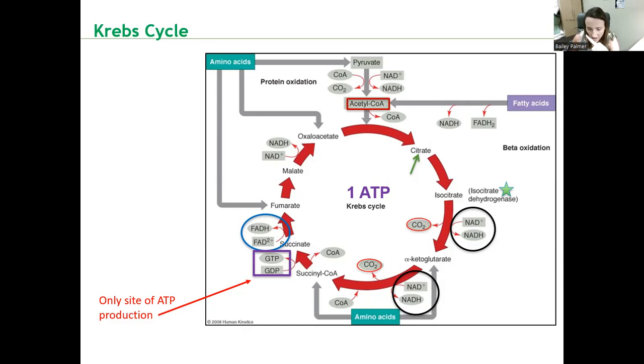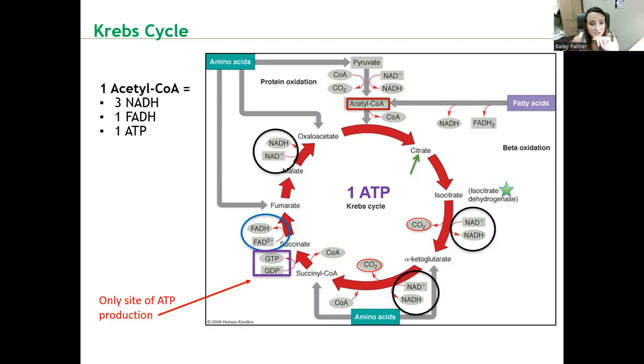All right, so now we go from fumarate to malate. All that happens here is a water molecule is added to fumarate to make malate. Now with malate, our last step in the cycle regenerates oxaloacetate. To get from malate to oxaloacetate, we lose another group of hydrogens and electrons picked up by NADH.